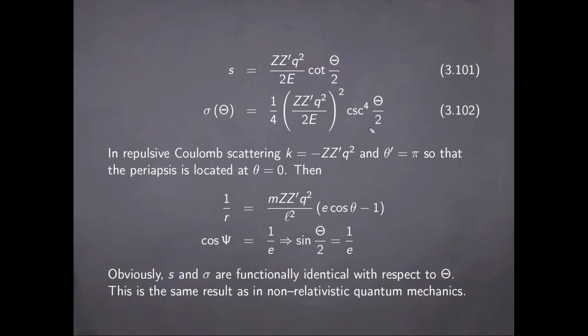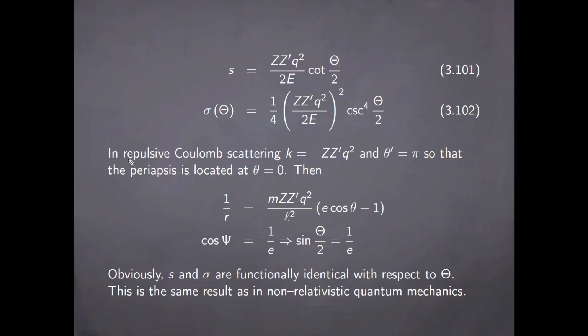And you see that this is consistent with the general statement formulated earlier, because in the case of large energies, the scattering angle is going to be small, so the cosecant here is going to be approximately equal with 1 over the scattering angle to the fourth power, and this is consistent with the general expression found previously, since the power n is equal with 1 in the case of a Coulomb potential.